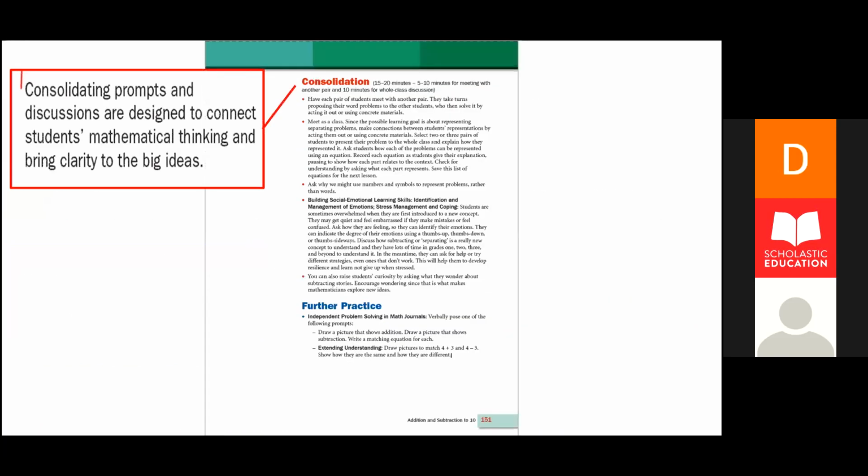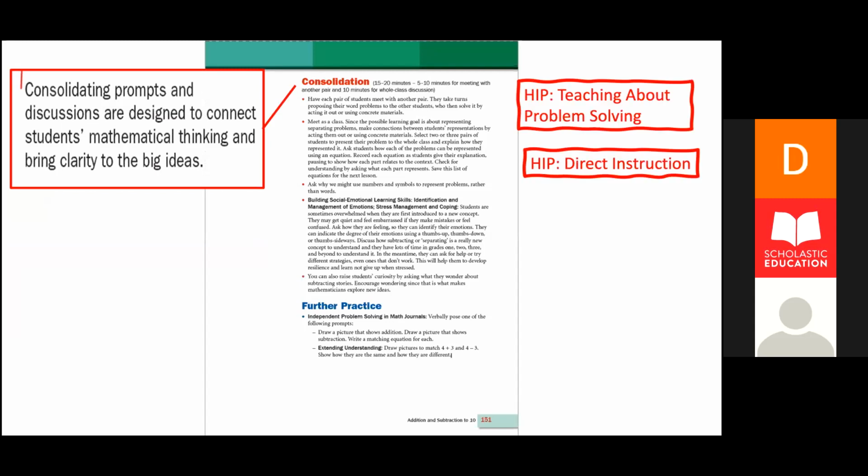Our consolidation, moving on, is where, like I already said, we're talking about the math problem solving that we did, we're sharing strategies. This is where our direct instruction comes in. Now, direct instruction is not where I stand up and give a lecture on something. What it is, is intentional and focused, but it's often based on questions. So it's very interactive as well.